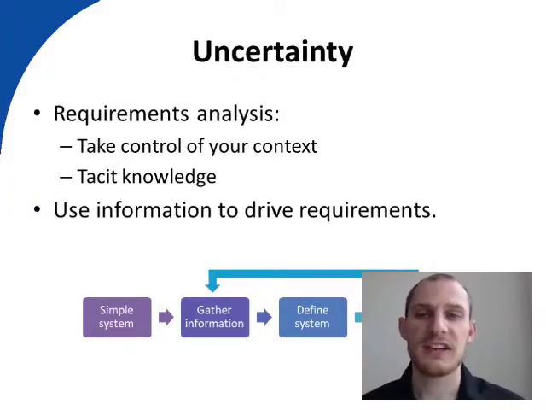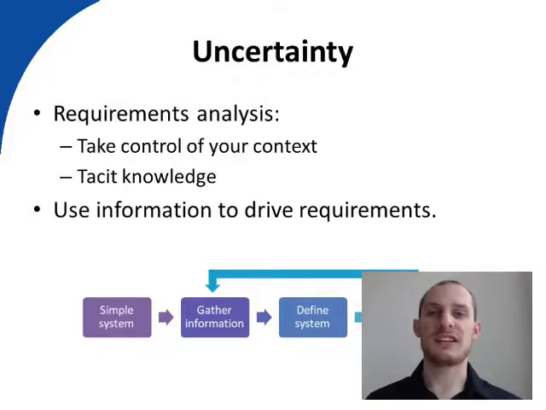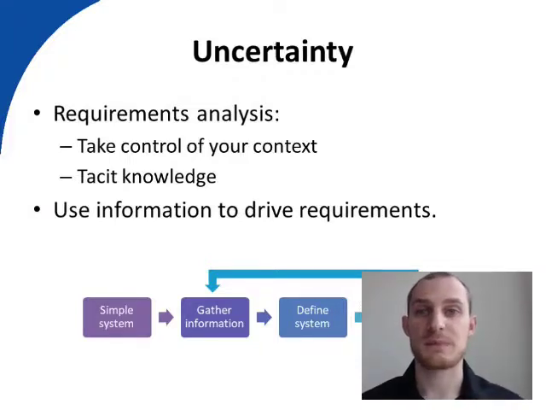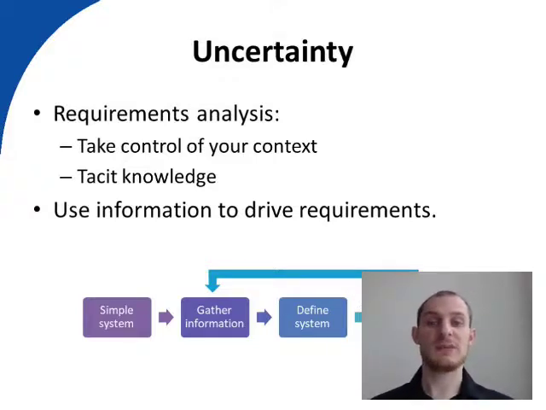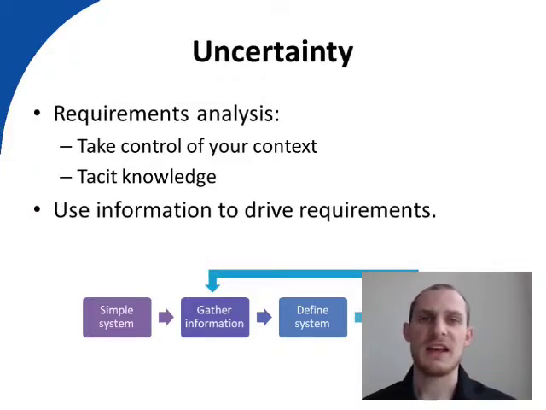What you tend to find is this idea of context comes under tacit knowledge. Now, for those who aren't familiar, tacit knowledge is something that is really hard to communicate. It's something that we almost just sense and feel. You can't write it down as a specification. Can't put it in a requirement.